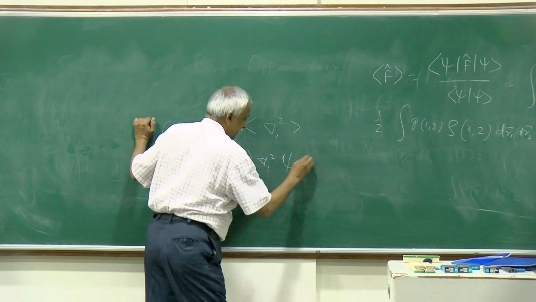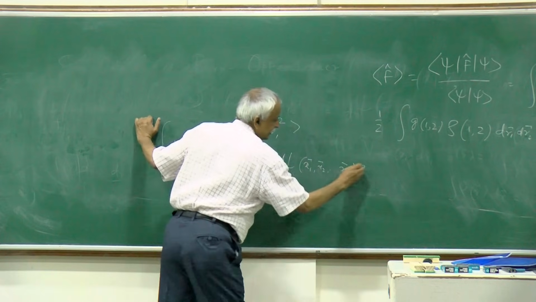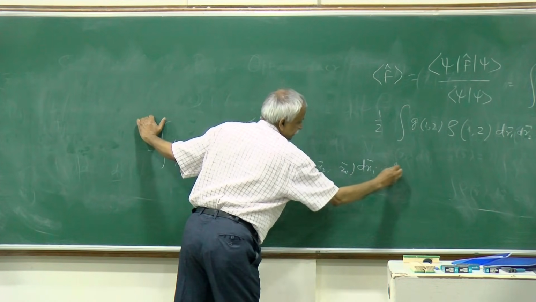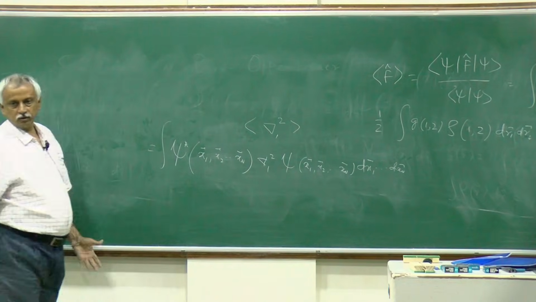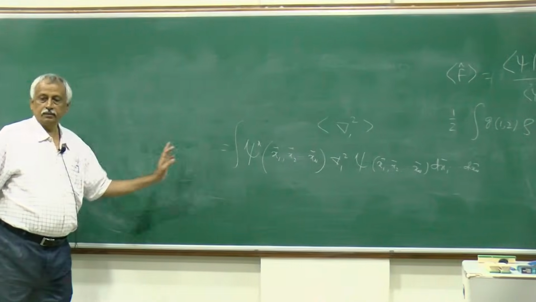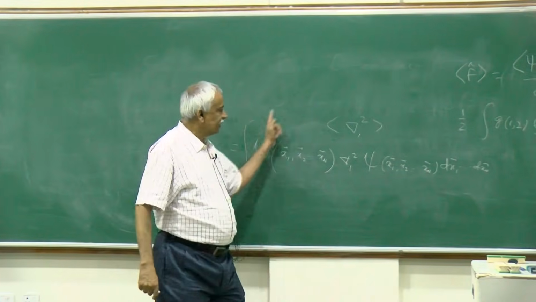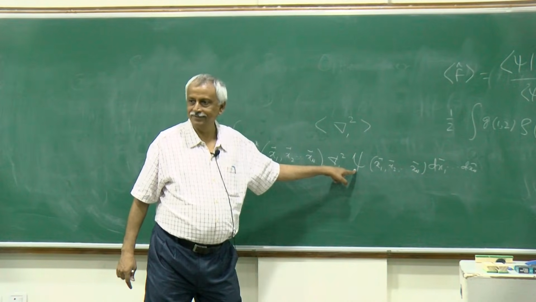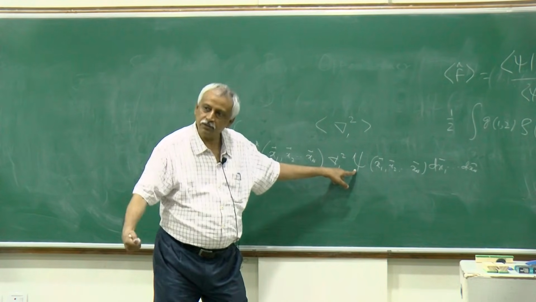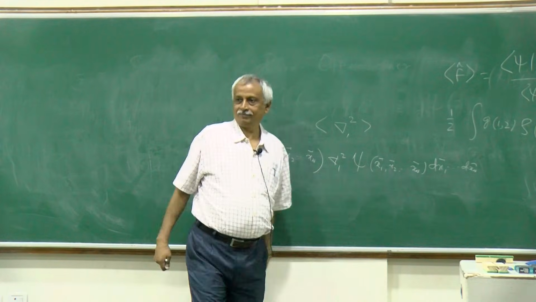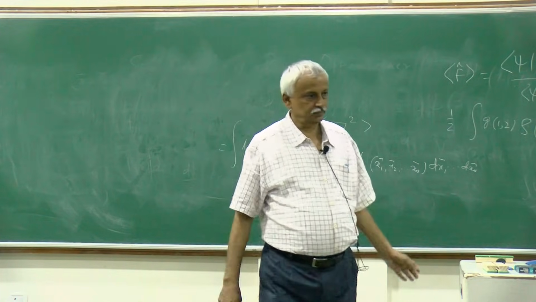Then you have psi x1, x2 up to xn and dx1 to dxn. I am not writing the denominator; that will be a constant, just normalization. Here the problem is, now you cannot take it towards that side, and you cannot reduce it to density. It's not possible.